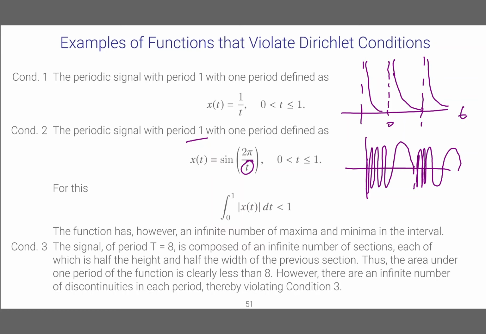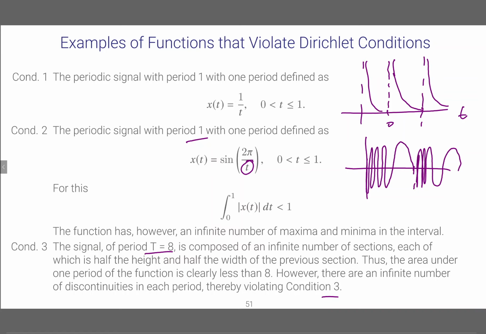And for condition number 3, consider a signal of period 8 composed of an infinite number of sections, each of which is half the height and half the width of the previous section. Thus, the area under one period of the function is clearly less than 8. However, there are an infinite number of discontinuities in each period, thereby violating condition number 3.